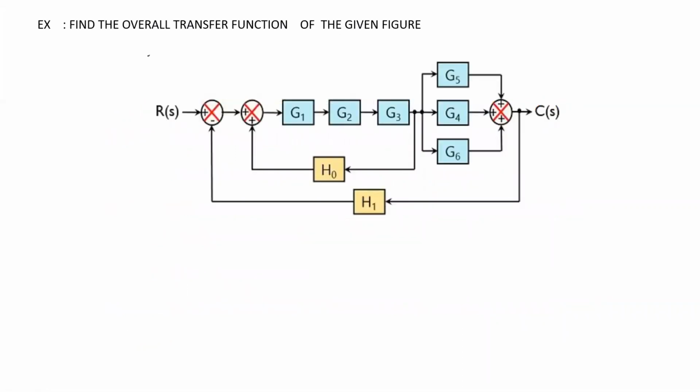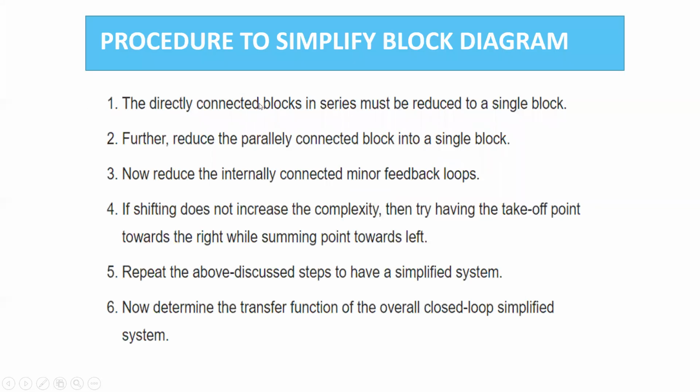So here is a problem. We have to find the overall transfer function of this flow diagram. We have the input here and the output here. What is being discussed here is, first check for blocks in series or blocks in parallel.